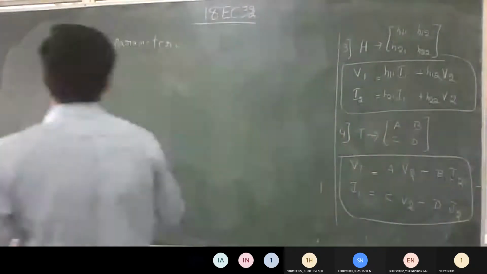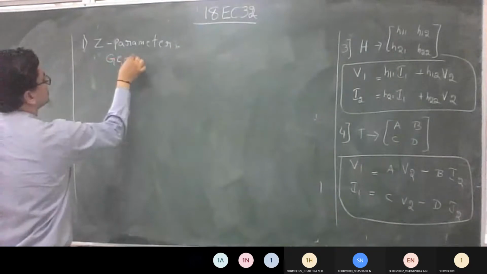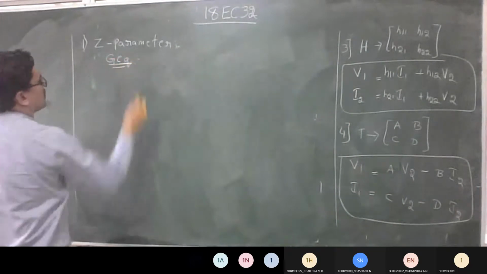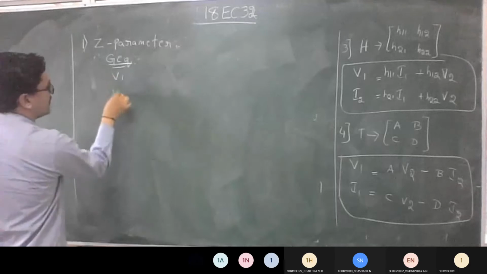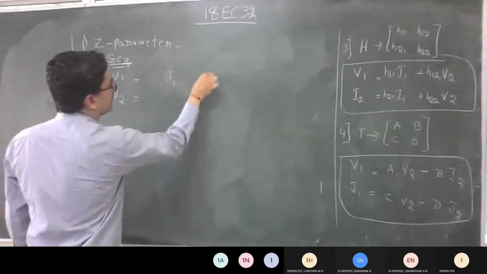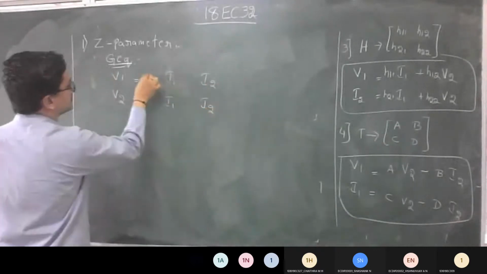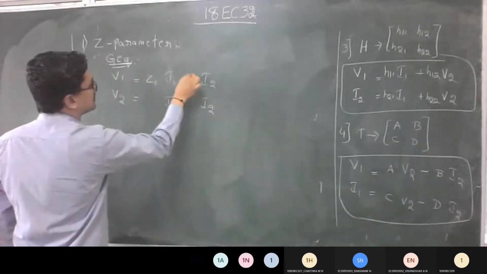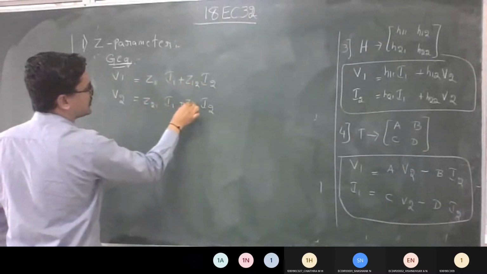Can you tell me what the general equation for the Z parameter is? What terms should I find? V1, V2. What's the term varying? I1, I2. So the coefficients are Z11, Z12, Z21, Z22.